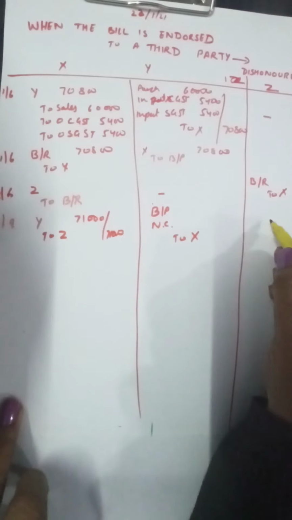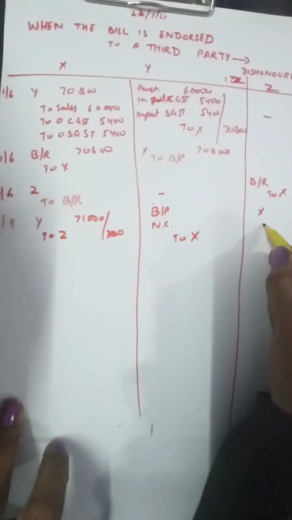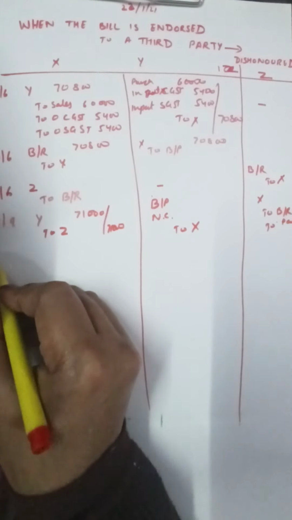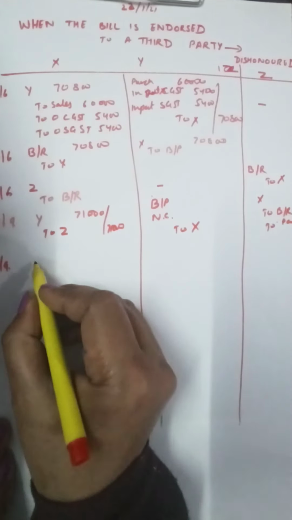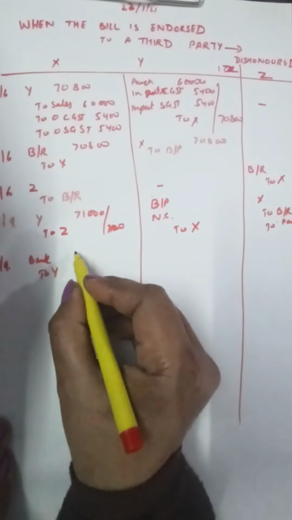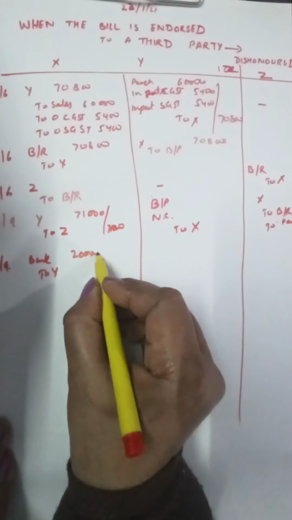And at that time, in the books of Z, what is the entry? X to BR, to bank. Then 3 days later, 7th of September, makes the payment. Bank to Y, 20,000.